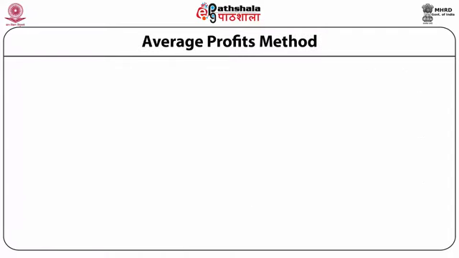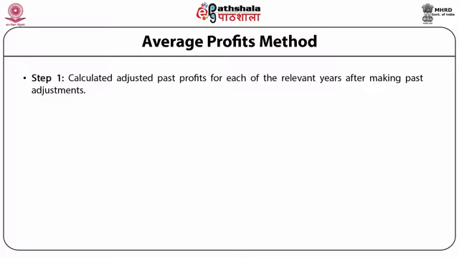Various steps have to be taken for calculating goodwill under the average profit method. These steps are divided into 5 parts. The first step is to calculate adjusted past profits for each of the relevant years after making past adjustments.